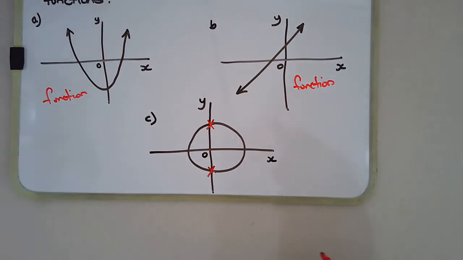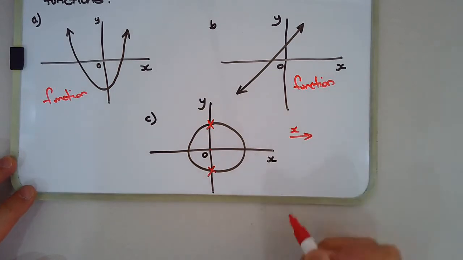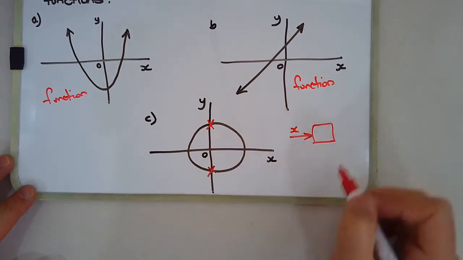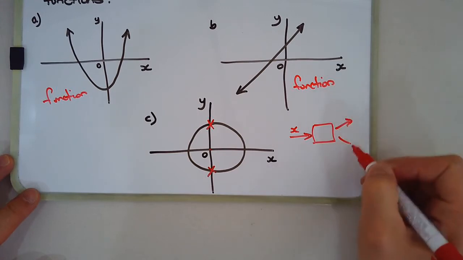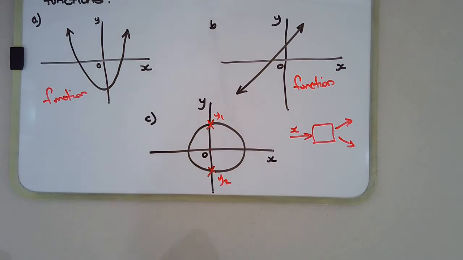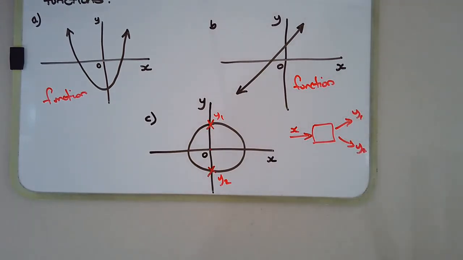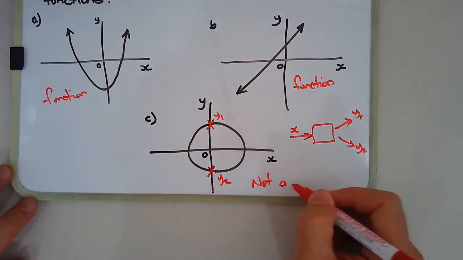Like in the previous video I made on the function machine, we have one x value in, here's our function machine, but we have two possible y values, y1 and y2. That's not a function. This is a relation, but not a function. So this one is not a function.